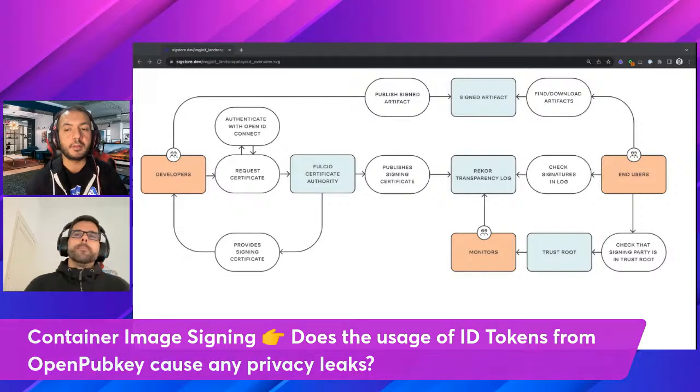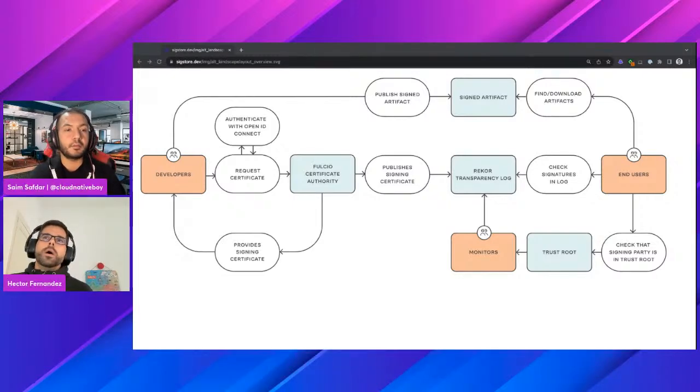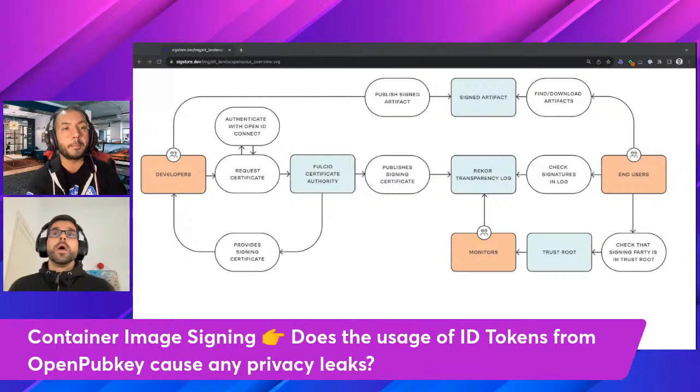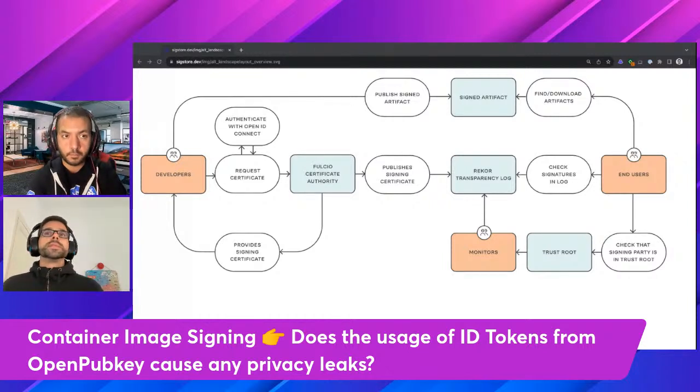Yeah, if we follow the initial approach, an attacker could use the ID tokens as a legitimate claim against an OIDC provider. Nevertheless, I am aware that the OpenPubkey community has made some modifications to the initial approach in order to mitigate these kinds of attacks.